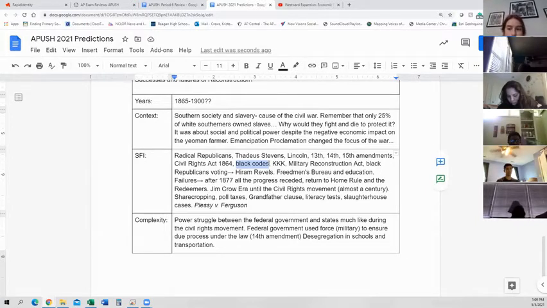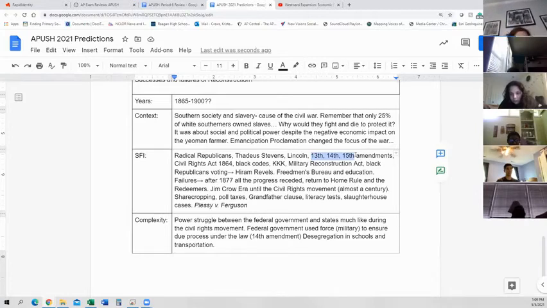So black codes were state laws that limited the scope of these pieces of legislation. If you're wondering why a lot of free African Americans ended up in jail after the Civil War, it's because they passed laws like you had to work for a white man and you couldn't take out a bank loan and you couldn't carry a weapon.